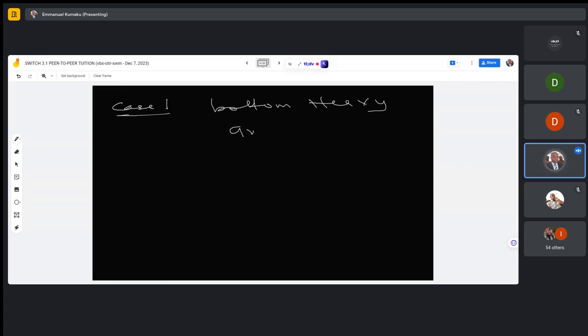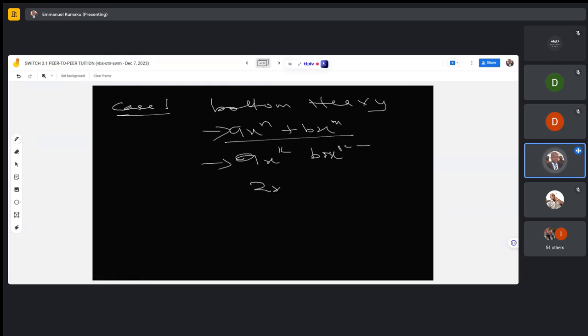When you have a polynomial of degree n at the top and a polynomial of degree k at the bottom, you compare the highest power at the top, that's called the degree, and the degree at the bottom.